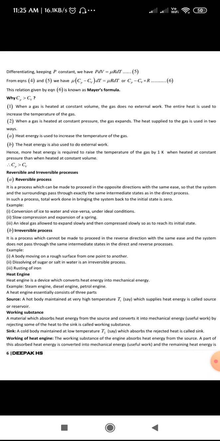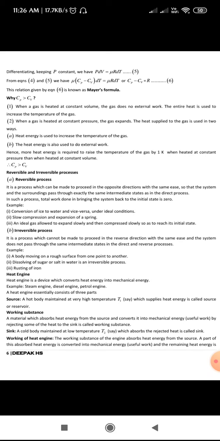Okay, so second one, irreversible process. It is a process which cannot be made to proceed in the reverse direction with the same ease, and the system does not pass through the same intermediate state in the direct and reverse process. So in this case it is very easy: irreversible is where you cannot bring back the system to its initial state under the same intermediate states. Suppose you have a system undergoing certain changes, passing through certain intermediate states.